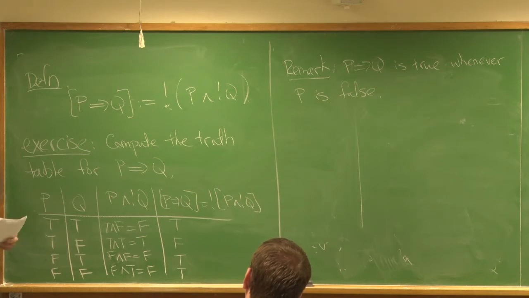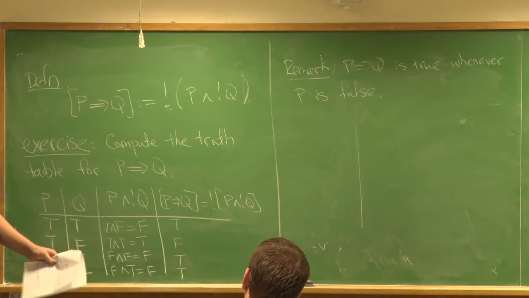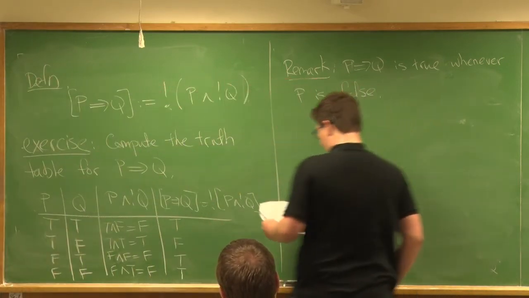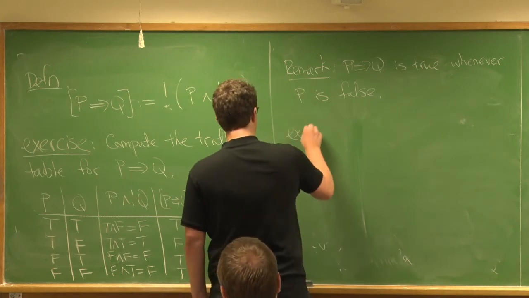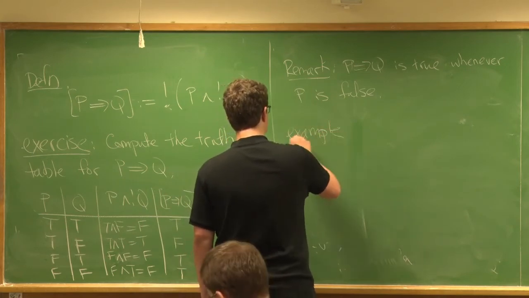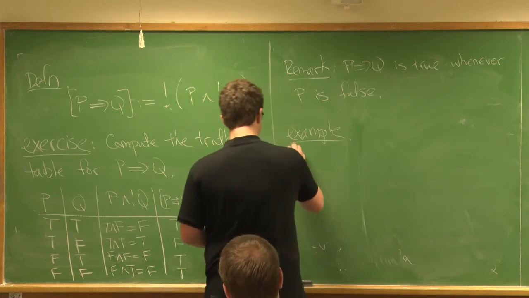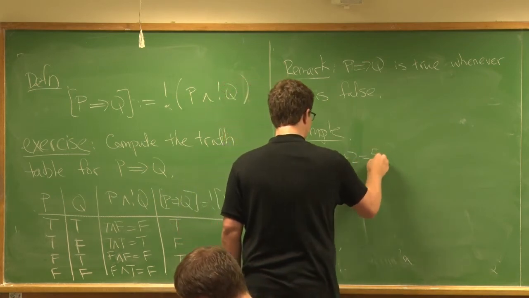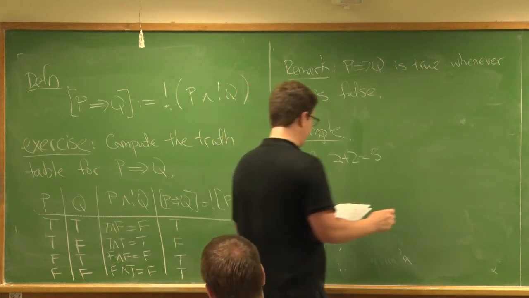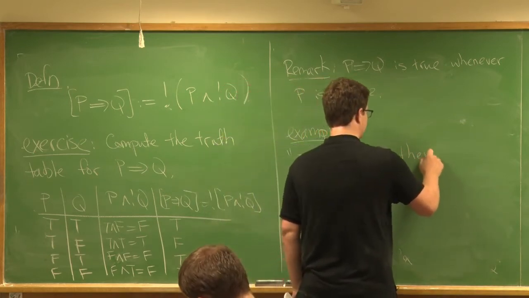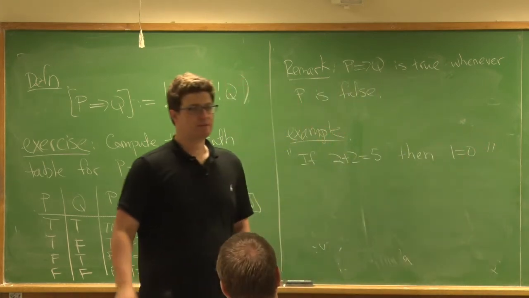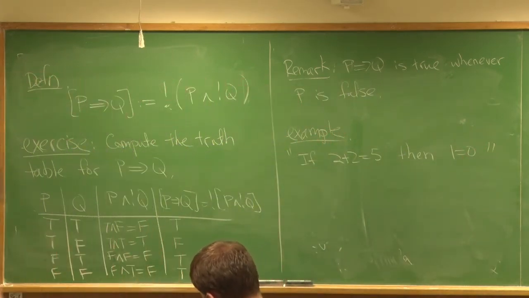So let me show you why this is weird. Now we're going to use this, and I'm going to show you something that's not as intuitive. Let's consider the following sentence: if 2 plus 2 is equal to 5, then 1 is equal to 0. Is this statement true or false?